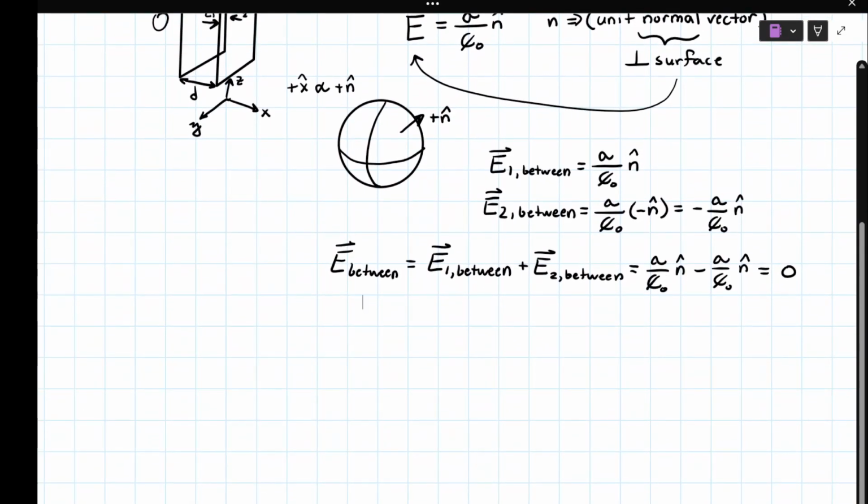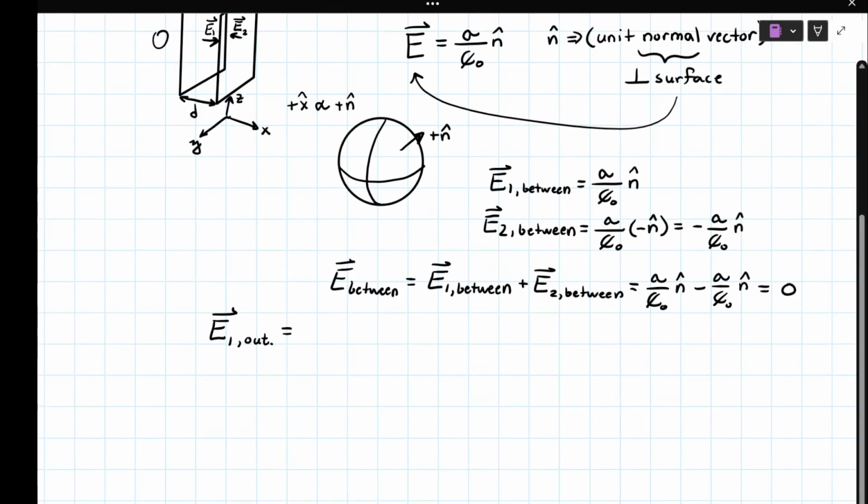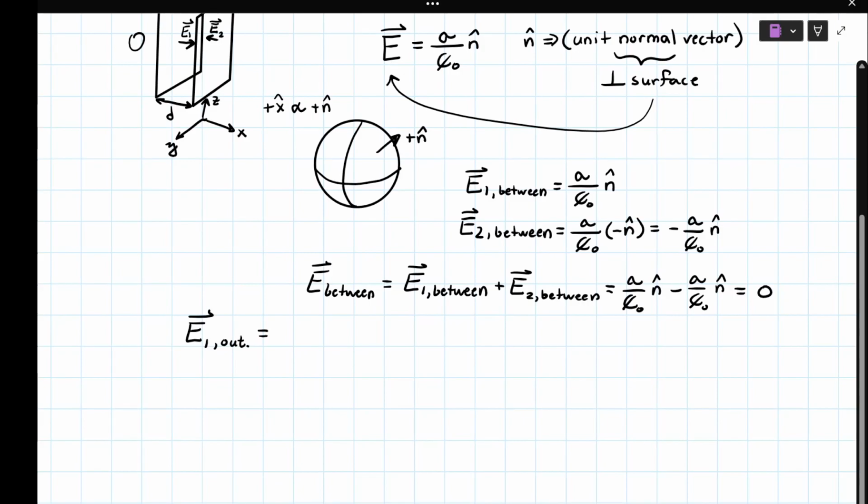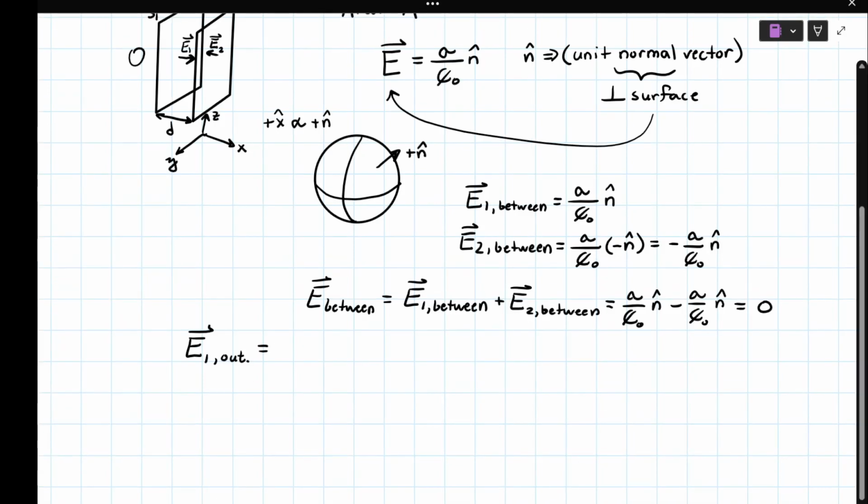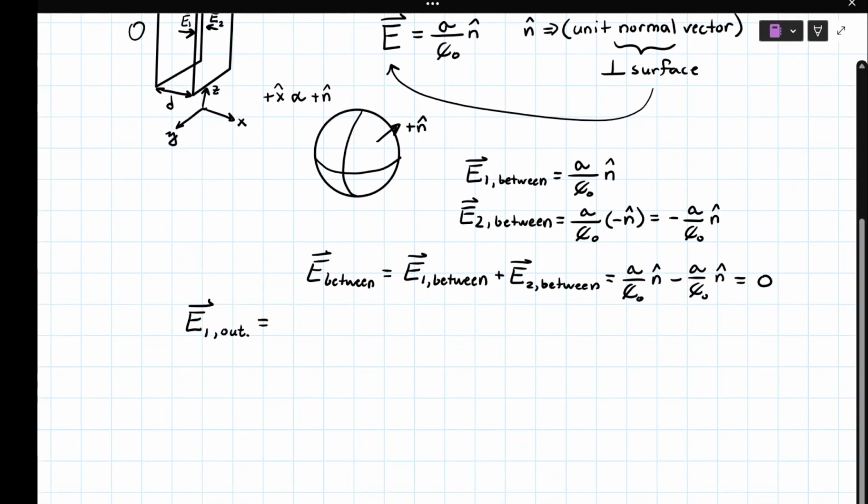So S1 is going to have E1, E surface 1 outward, okay? And it's going to have the same magnitude pointing in the opposite direction, in the negative x hat, or again, in our case, the negative n hat. I'll stop mentioning that; we just know they're synonymous.